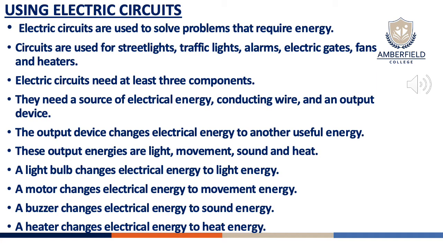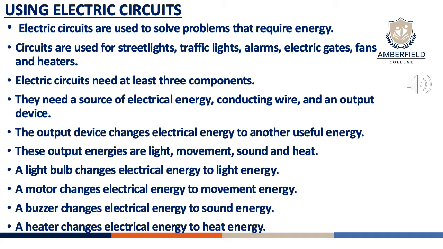Electrical circuits are used to solve problems that require energy. Circuits are used for street lights, traffic lights, alarms, electric gates, fans, and heaters. So when we think of electrical circuits, we should think about everything around us.